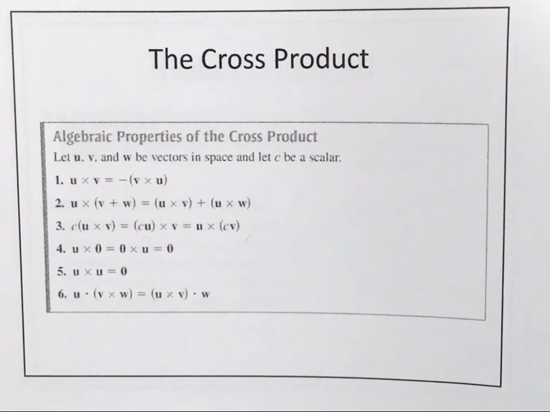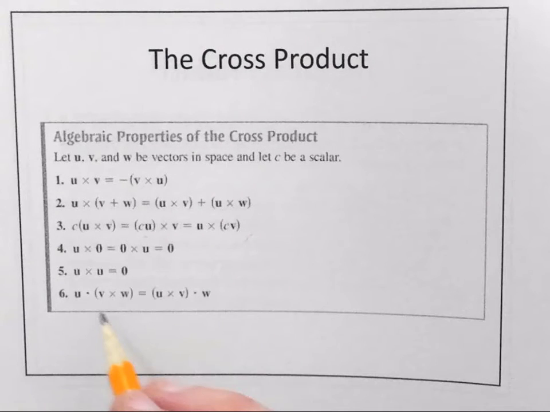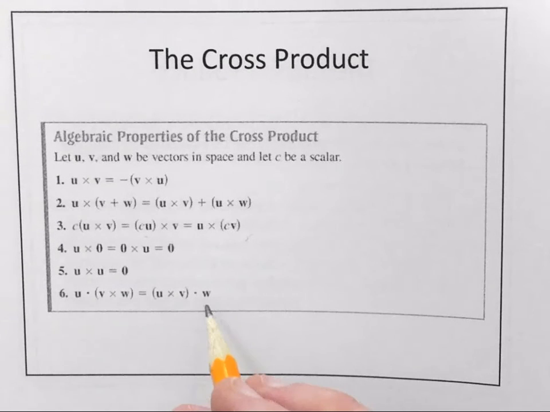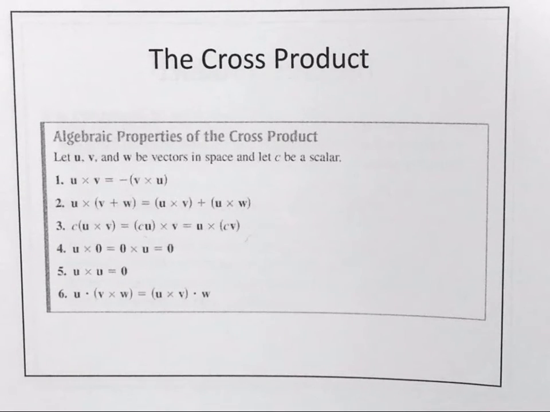But you don't want to do it to both vectors. You only want to apply it to one, either one before or the one final answer you get. If you dot something with 0, of course, it's going to turn into, or cross something with 0, it's going to turn into 0. Cross something with itself, you also get 0. And then it doesn't matter if you actually dot one of the vectors with the cross product of the other two, or cross two of them and then dot them, you're going to get that same result.